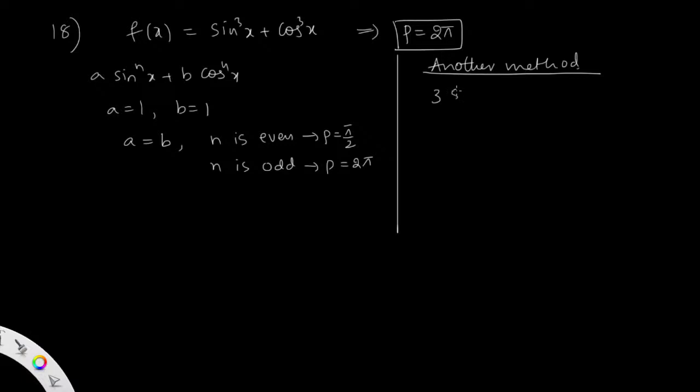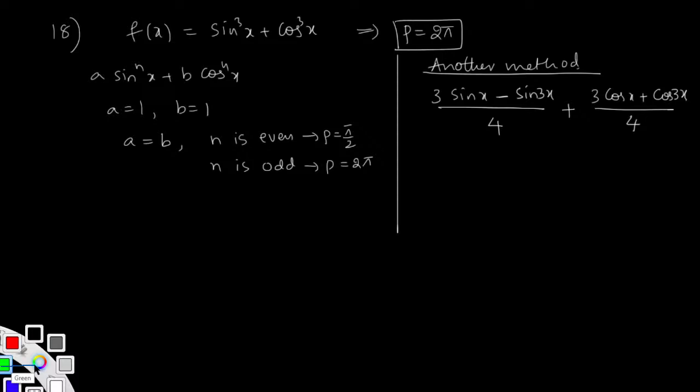From this formula we can write sin cube x as 3 sin x minus sin 3x divided by 4. And cos cube a comes from cos 3a, which is 4 cos cube a minus 3 cos a. Then we can write cos cube x as 3 cos x plus cos 3x divided by 4, rearranging the terms. So then we take the value, which only depends on the function.